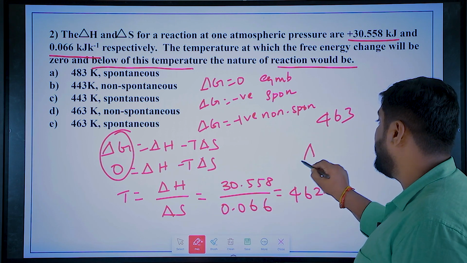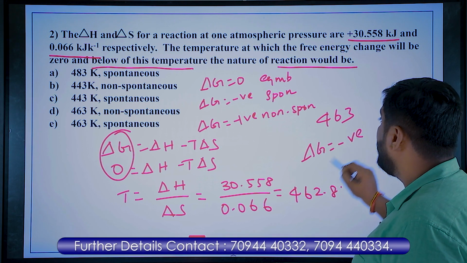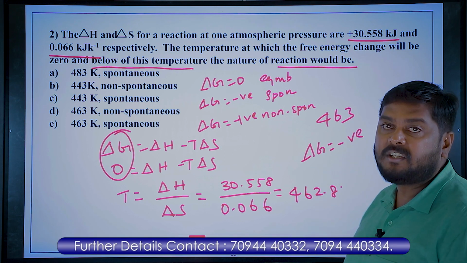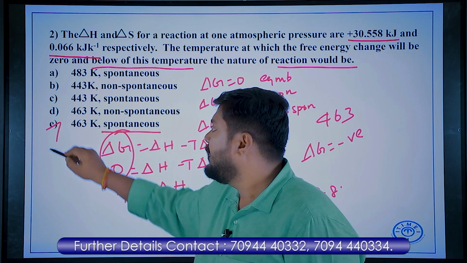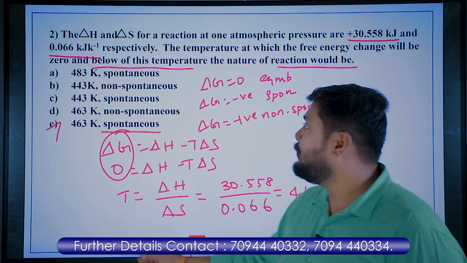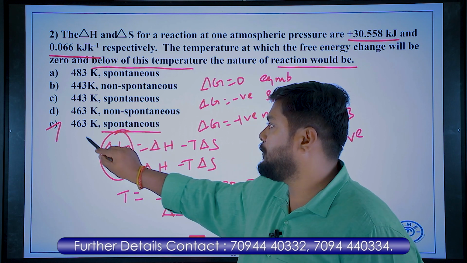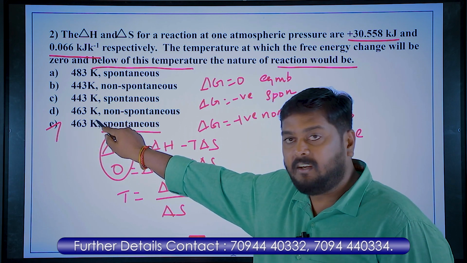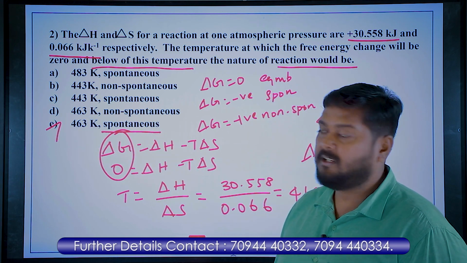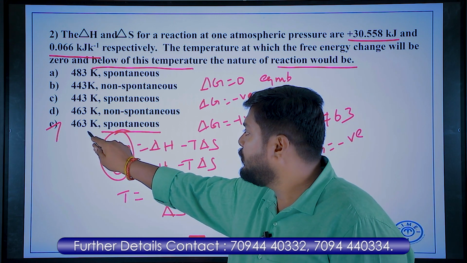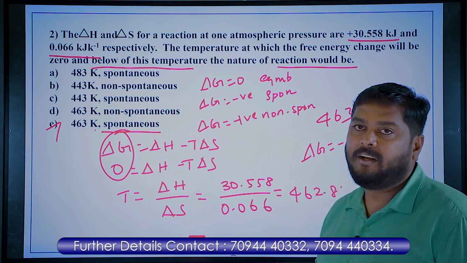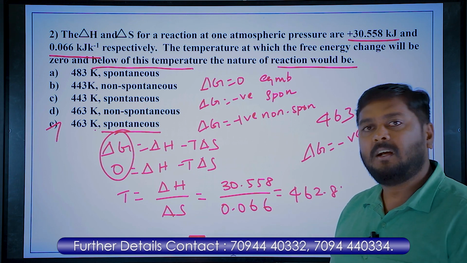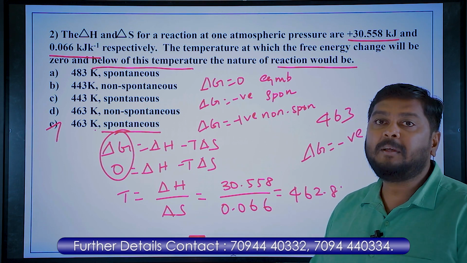ΔG will be negative when the temperature is 462, hence it will be a spontaneous one. Right, to confuse us they will give you spontaneous as well as non-spontaneous. See, D option is 463 Kelvin and non-spontaneous, and another option is 463 Kelvin and it is a spontaneous one. Right, to confuse us they will give both options. You have to be careful.